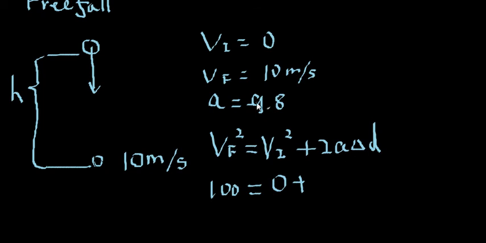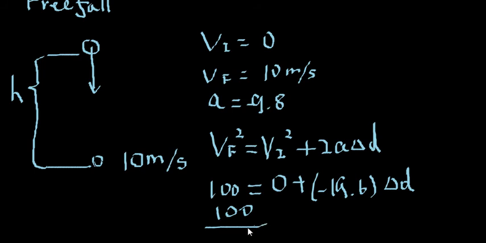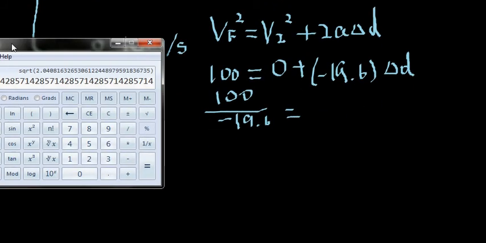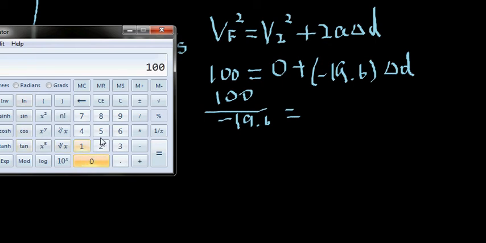Clearly it's just 100 divided by negative 19.6, and let's get on a calculator. 100 divided by 19.6 is negative 5.102 meters.